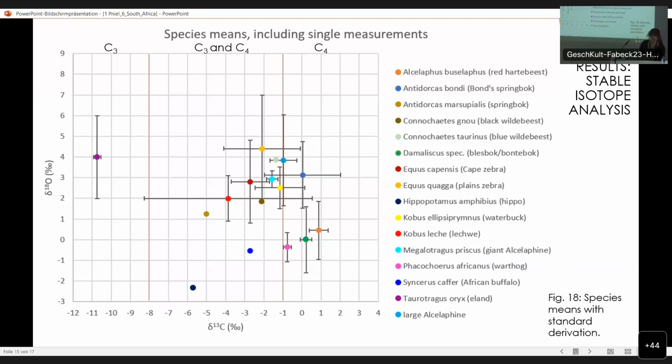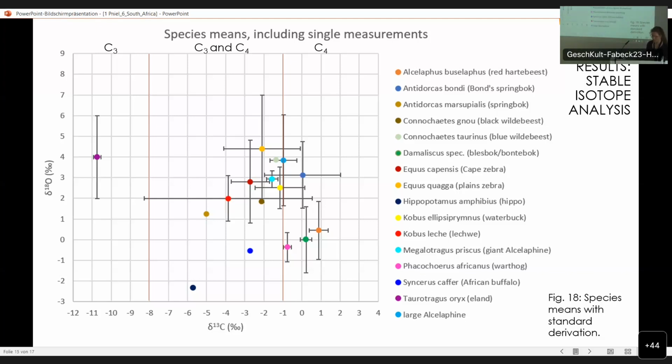And because most of these species are grazers, we think that there were probably more C3 grasses in the region than there are today. As I already told you, today there are mostly C4 grasses in the region. And this could probably mean that we had some climatic differences, that it was cooler and wetter.